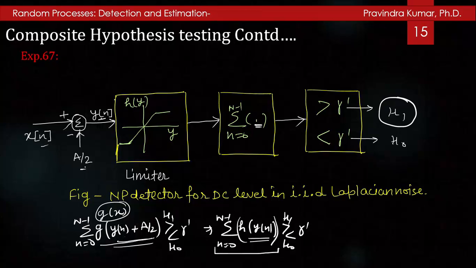And if this value is less than the threshold value gamma dash, then you will decide hypothesis H0. So this is the block diagram for the NP detector for a DC level in independent identically distributed Laplacian noise.